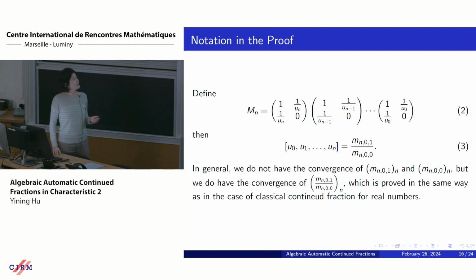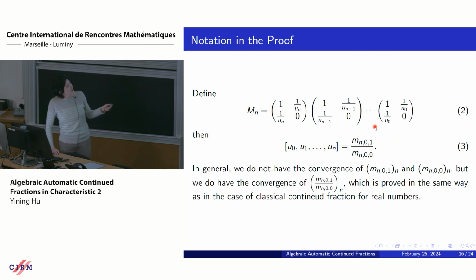First, for the notation and the proof, we define a matrix N to be the multiplication of these n+1 matrices. And then by the definition of continued fraction, the nth convergent is simply the quotient of two components of the matrix.